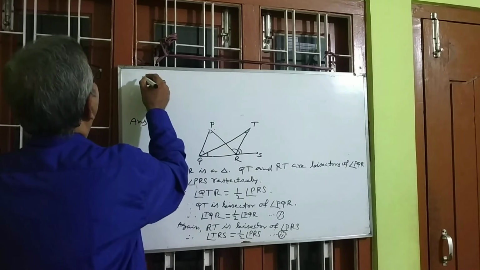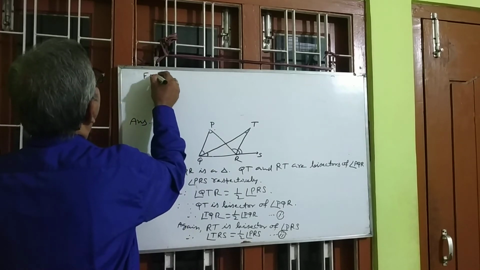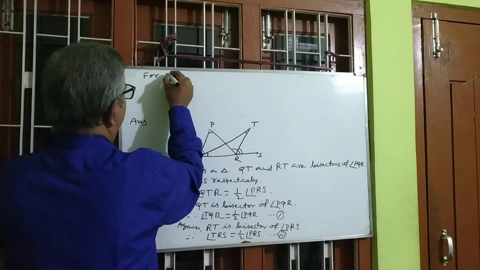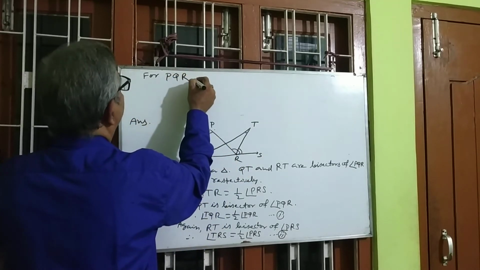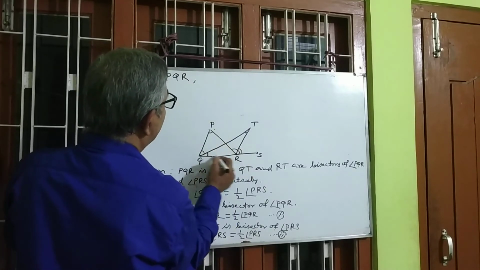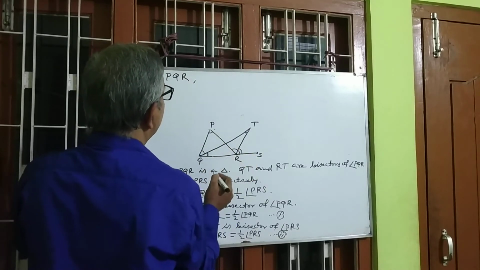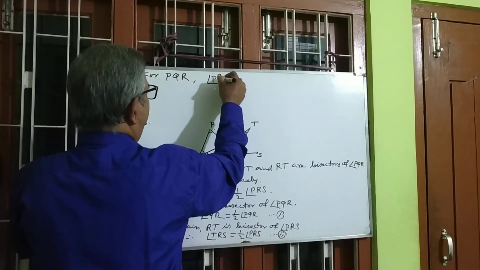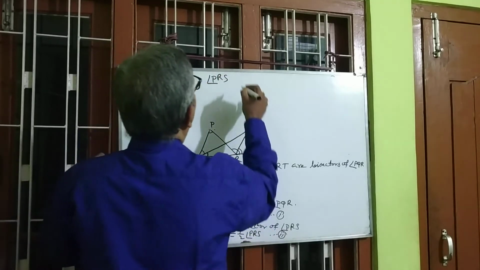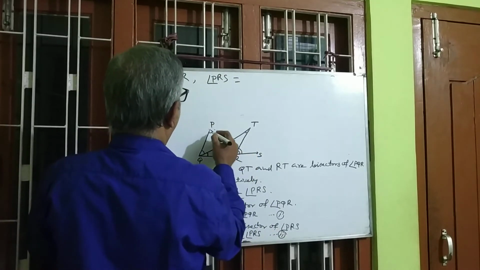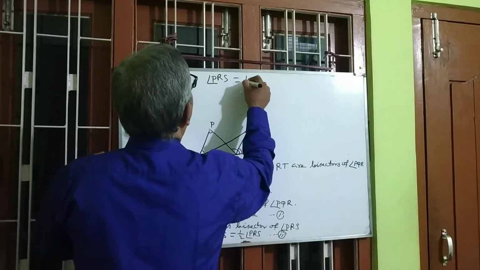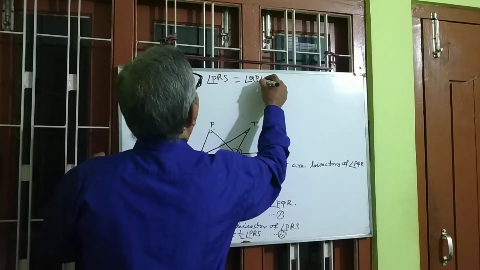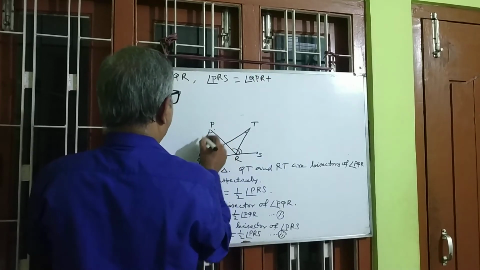Here you see, in triangle PQR, which one is the exterior angle? PRS. This is the exterior angle. So you can write angle PRS is equal to angle QPR plus angle PQR.